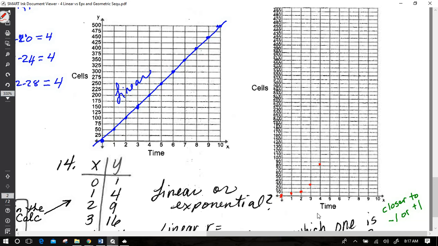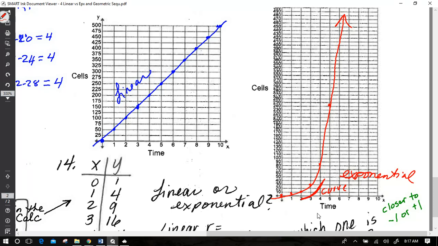In 5 hours, it was 243, which is around here somewhere. All right. So even without plotting every one of the points, you could see that this formed this curve down here that we look for in these exponential models. It's got that curve, and then it shot up really fast. All right, so that is our example number 13.